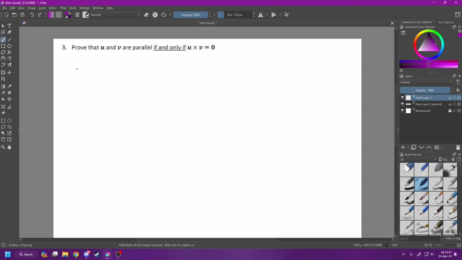To start off, I'm going to prove the first part right here, where I say let vector u times vector v be equal to vector 0. This cross product is equivalent to the magnitude of vector u times the magnitude of vector v times sine theta.